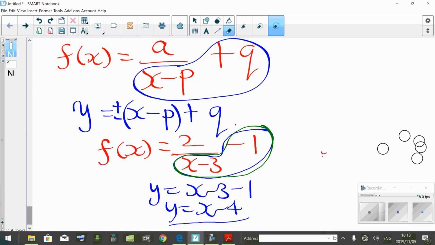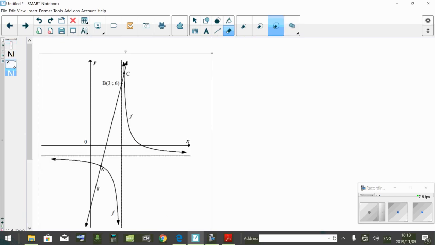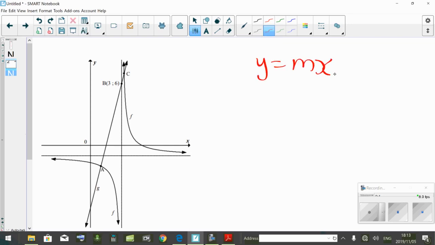Now there's an alternative method. If you are old-fashioned, like some of the people that I know, you would want to do it the old-fashioned way using y is equal to mx plus c. What you need to remember, however, is that m must always be 1.